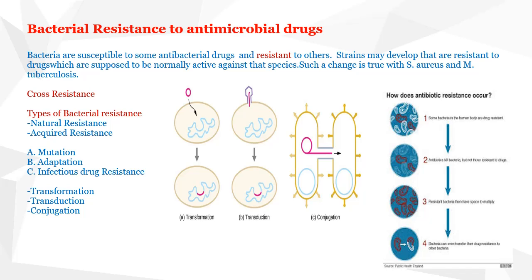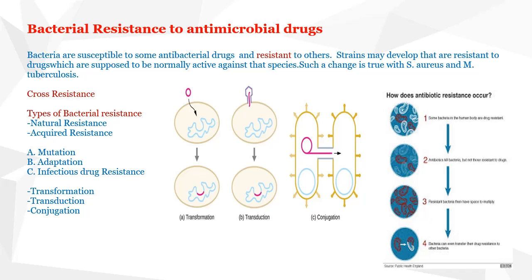Now, acquired resistance refers to resistance which develops over a period of time, and this poses a serious clinical problem because an effective drug becomes useless for treating infections caused by resistant strains of previously sensitive species.